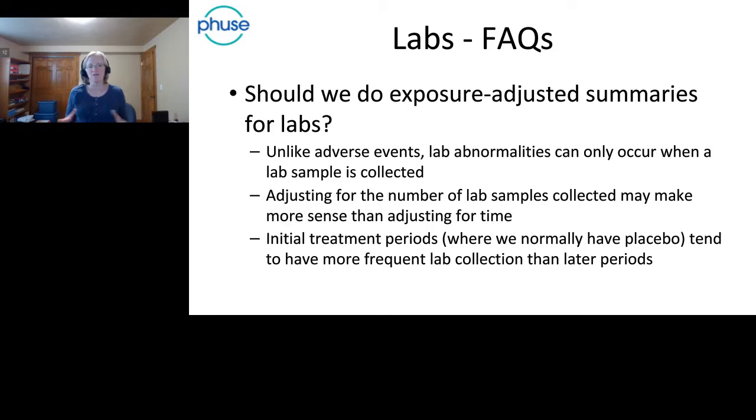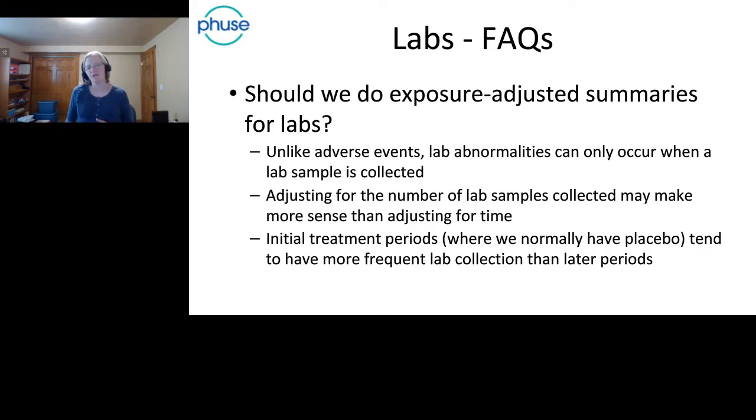Normally in your initial treatment periods, you might collect labs very frequently. And when you get to extension periods, you might start collecting them less frequently. And that's when you stop having placebo. So there's a bias there. If you adjust for time, you're creating a bias because a lot of your treatment time might have less collection than a placebo patient who might have more frequent collection.